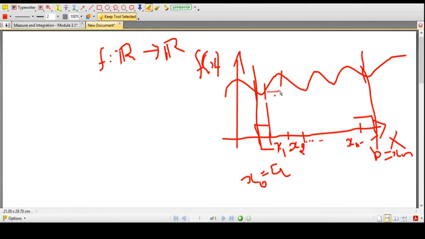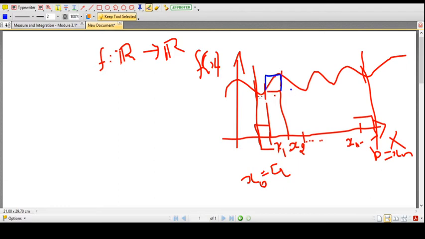Here this is the lower value and this is the upper value for each interval.